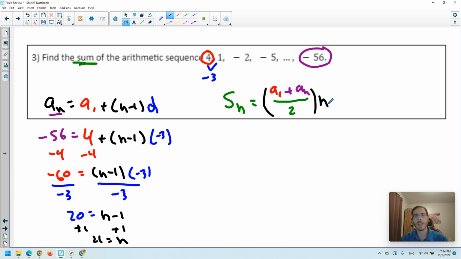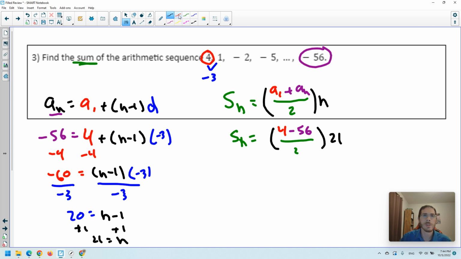We can do this because now we know all of the information. We're trying to find S sub n, the sum. a1 is 4. an is negative 56, so I'll just write that as minus 56. We'll divide that all by 2. And then we need to multiply by 21 terms.